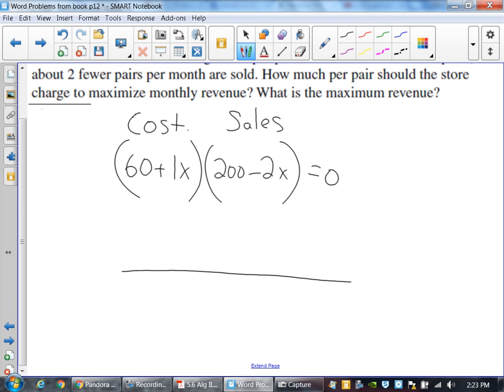The axis of symmetry. No matter how far apart they are, since these guys are going to be on the same horizontal line, they're both on the x-axis, the axis of symmetry is going to occur halfway between them, no matter what. What's your 0 for 60 plus x? Negative 6. What's your 0 for 200 minus 2x? 100.